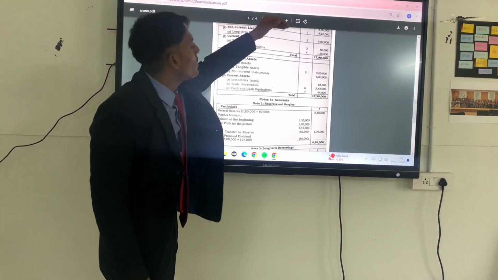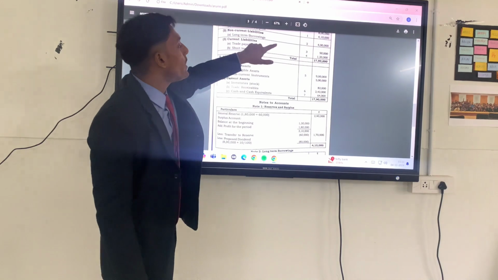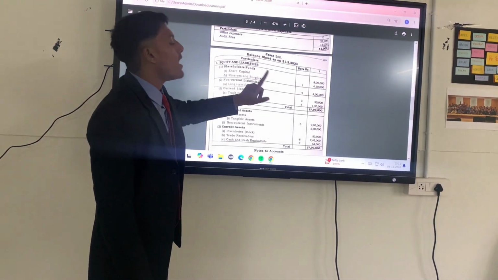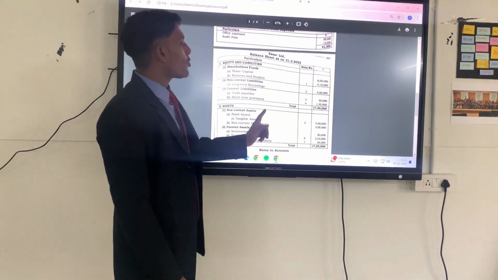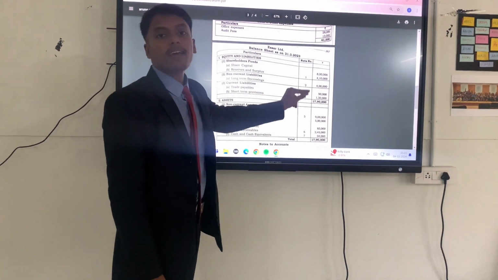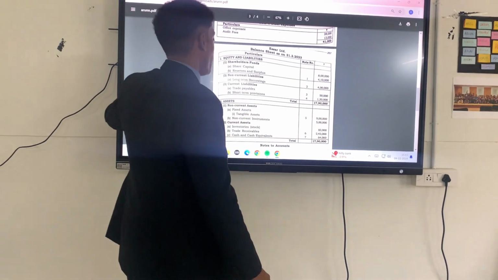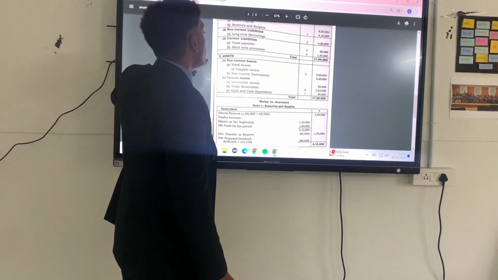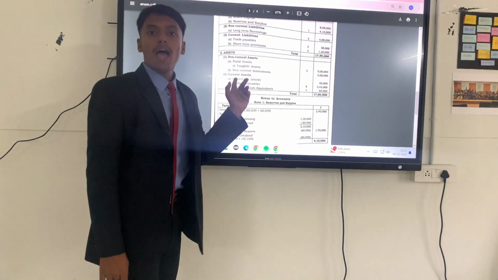Then we can look at the total of this equity and liabilities side. The total of equity and liabilities is 17,90,000. Okay, then we can move on to assets.